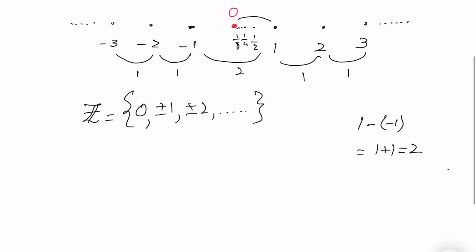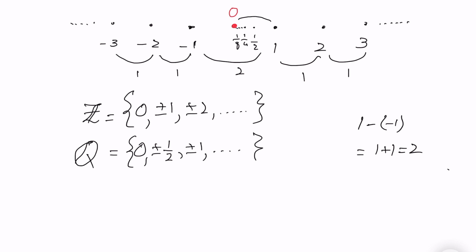By the way, these numbers with fractions were named the set of quotients. We'll say Q. So in this set, now we have 0, we have plus minus 1/2, and all the fractions like these. We call them the set of fractions.